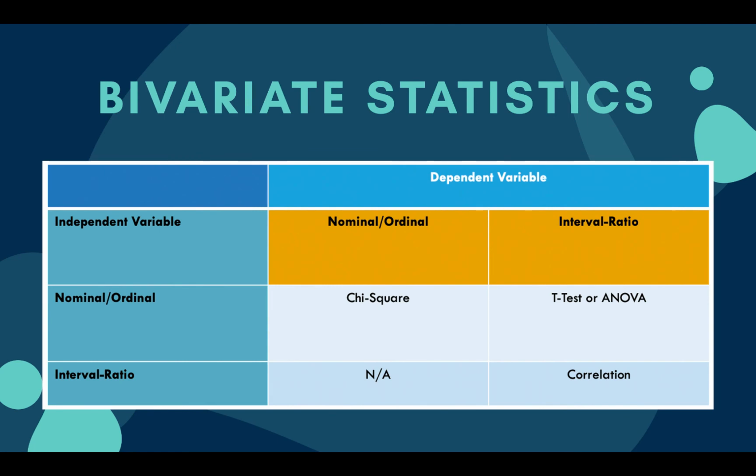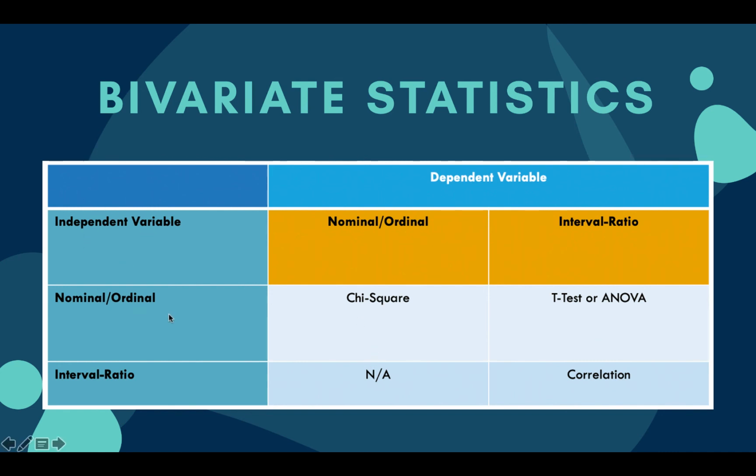This will come in handy once you get to the next stats class, quantitative methods class. It'll help you figure out which kind of bivariate tests are going to be most important for answering your research questions, right? Here I've broken it down by the type of variable and whether or not it's an independent variable or a dependent variable, right? So here we see independent variable.